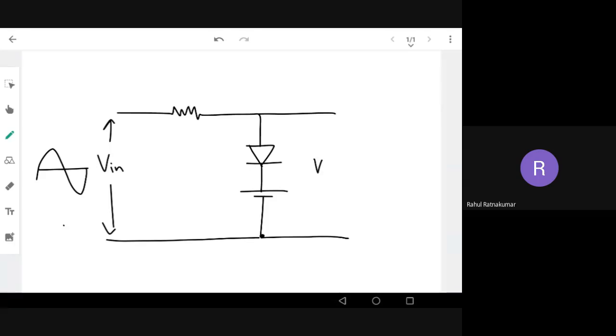Output is V out across the battery, plus minus, say for example 2 volt. Now the input, you can say plus 5 maximum and minus 5 minimum voltage.